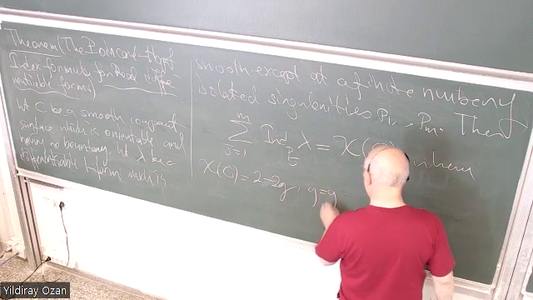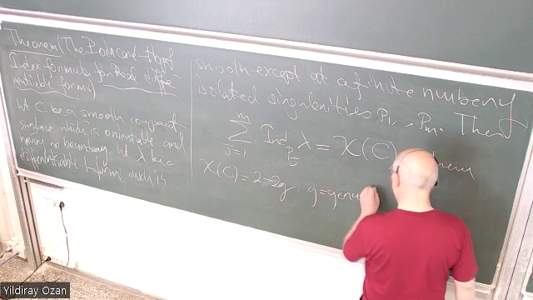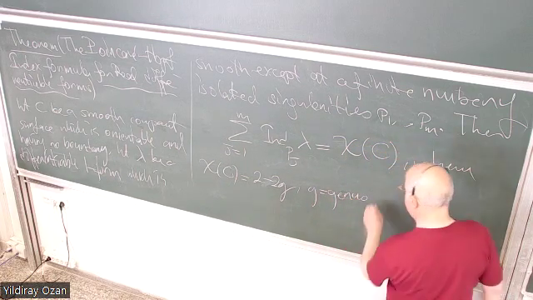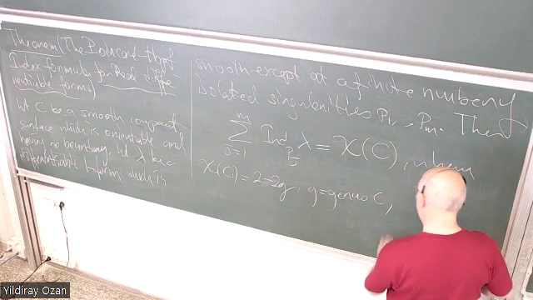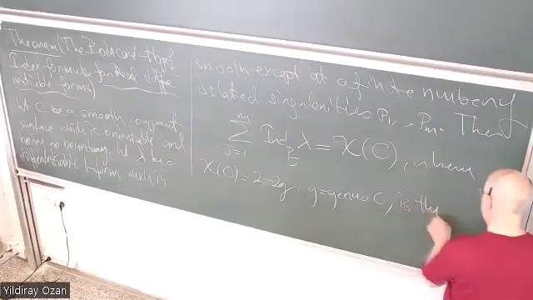G is just the genus of the surface, and chi of C is the Euler characteristic.